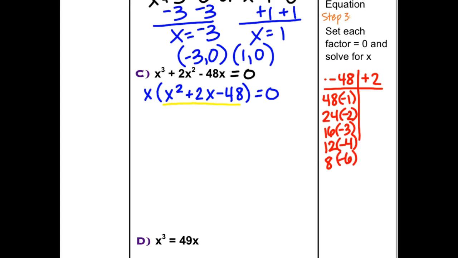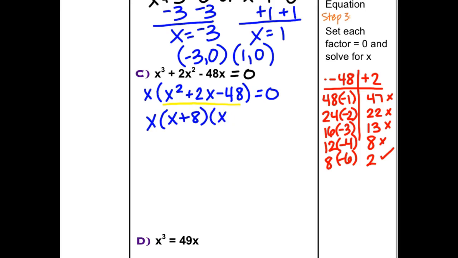And I look here, this is 47, this is 22, we got 13, 8, and 2. So we know that we still have the x out front. We have x plus 8 and x minus 6. Now one thing that I will give you a hint for is the highest degree exponent will tell you how many zeros.